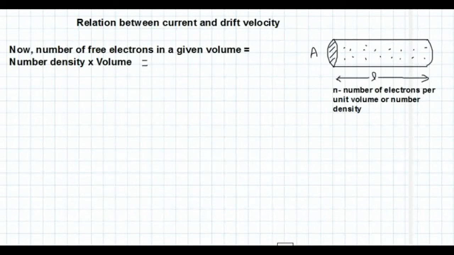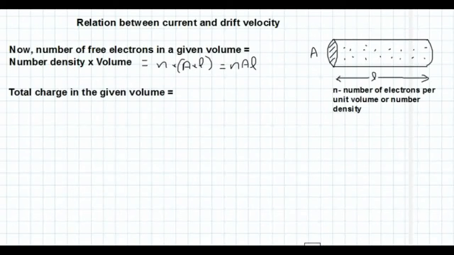Therefore, the number of free electrons in the given volume will be n into A into L. A into L is put together in a bracket because this represents the volume. So, nAL represents the total number of free electrons.